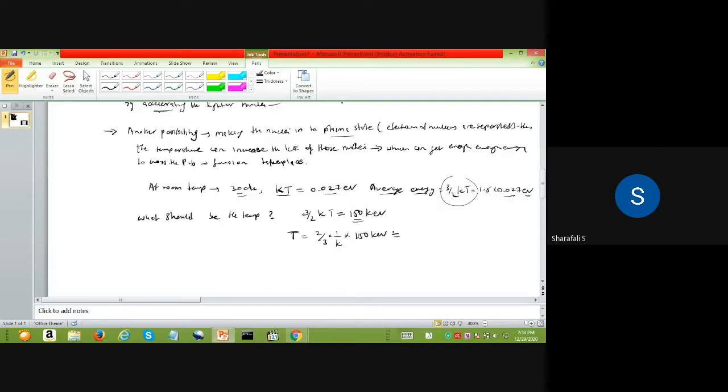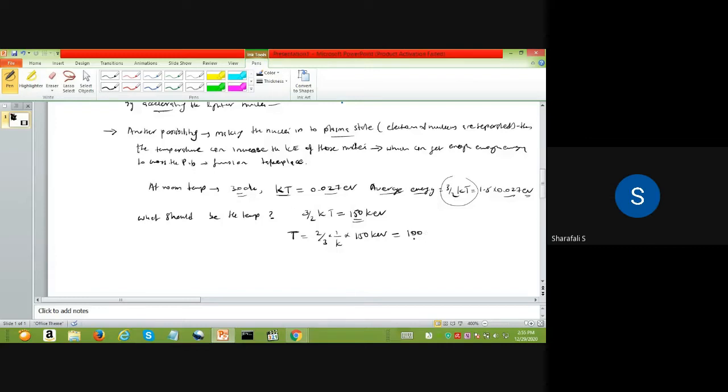If you calculate this value, 3 by 2 is almost 1.5. I have taken 150 in order to make this calculation easy. So 150 divided by 1.5 will be 100.